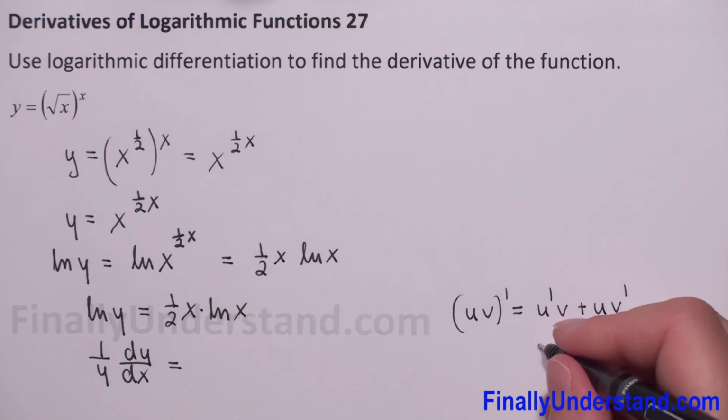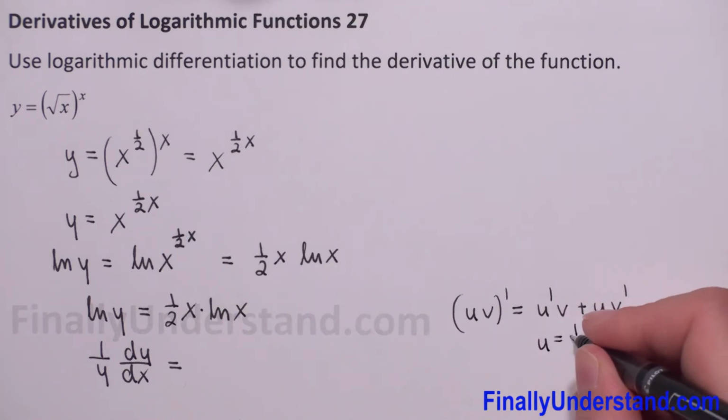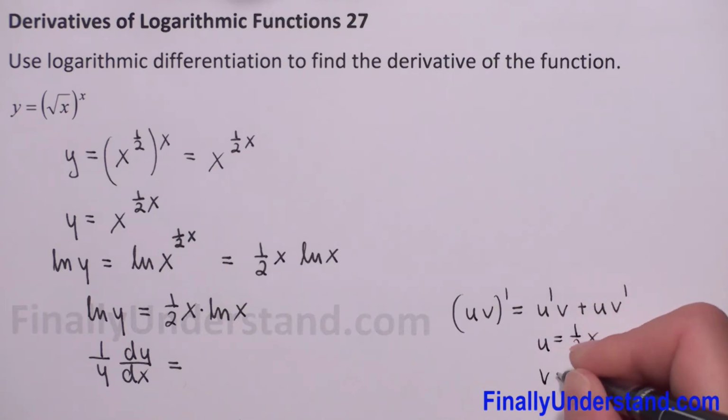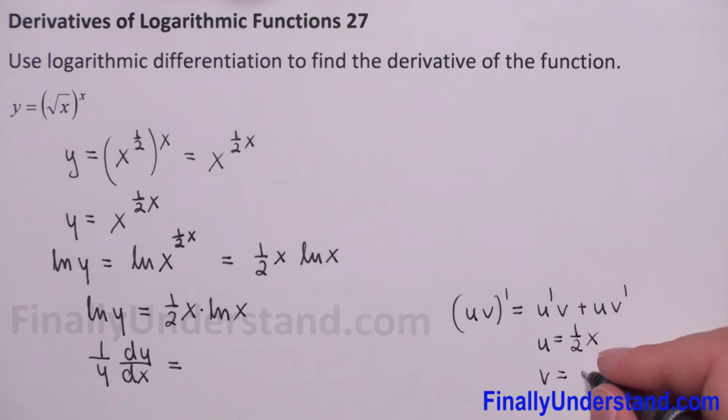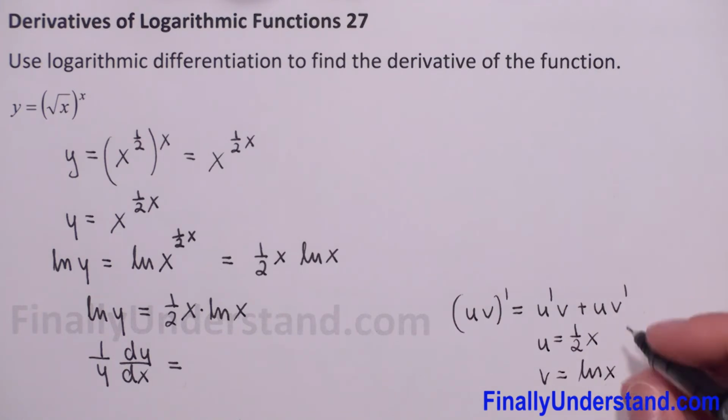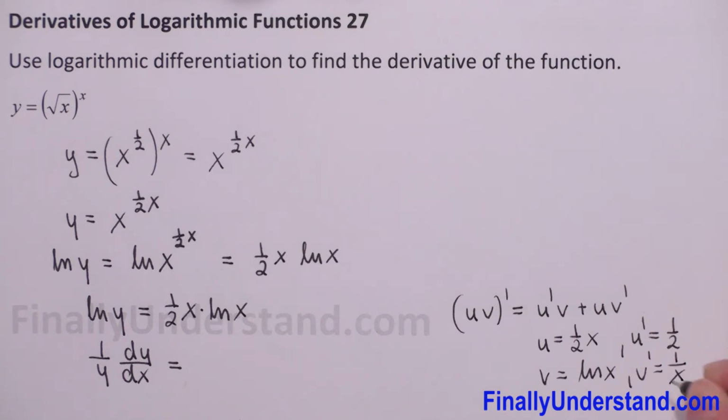In our case, u is equal 1/2 times x, v is equal natural log of x. So derivative of u is equal, derivative of 1/2 times x is 1/2, and derivative of natural log of x is equal 1 over x.